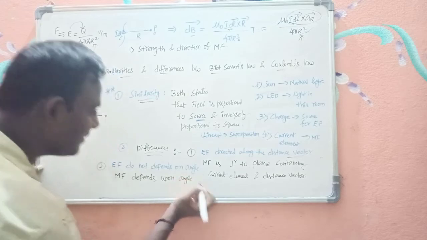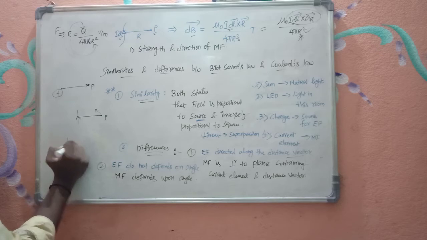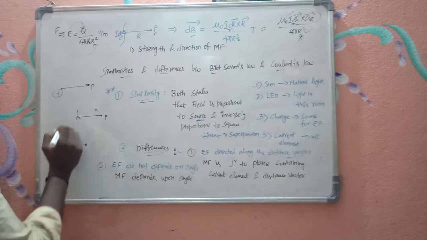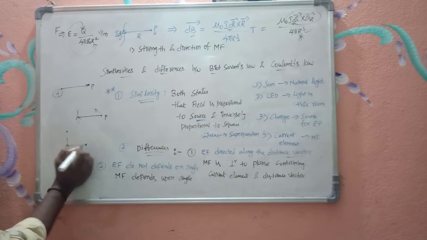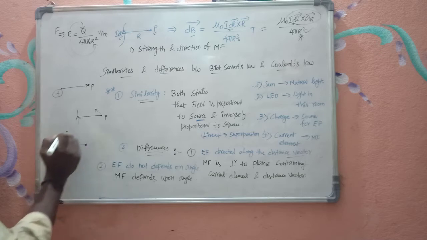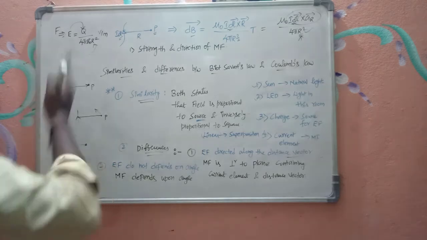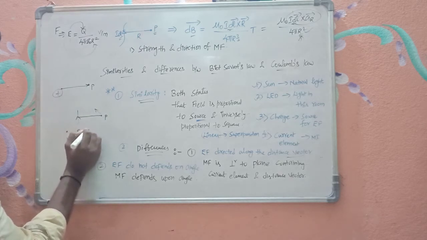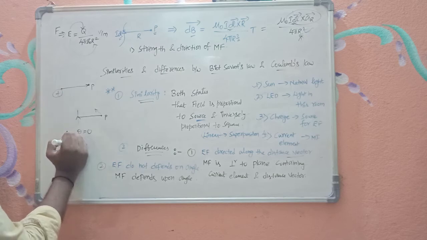What is the meaning of this? This is a current carrying conductor. You have the maximum magnetic field at a point of interest perpendicular to the current direction. If I consider a point of interest along the current direction, the theta value becomes 0, because the current direction and the line joining the conductor and the point of interest are in the same direction.